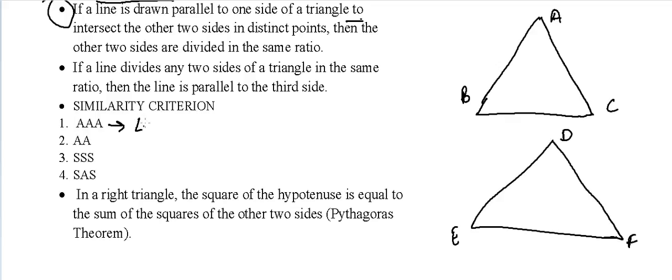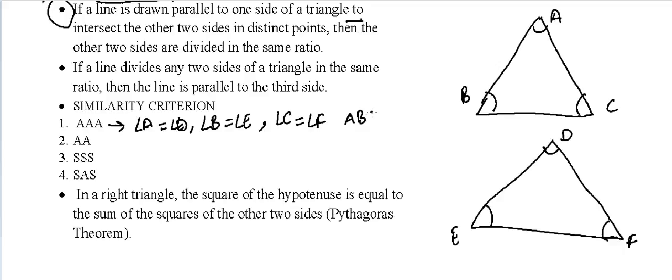If all three angles are equal, angle A equals angle D, angle B equals angle E, and angle C equals angle F, then the two triangles are similar. Triangle ABC will be similar to triangle DEF.